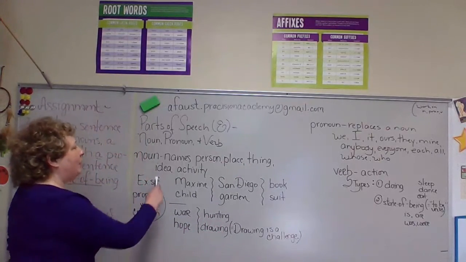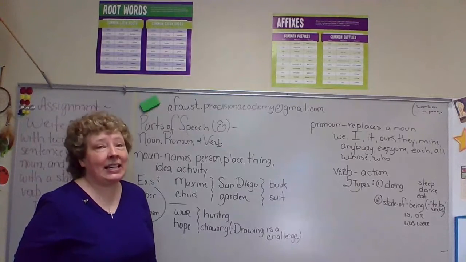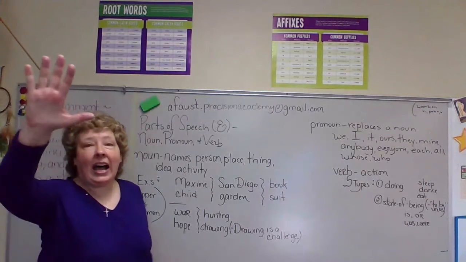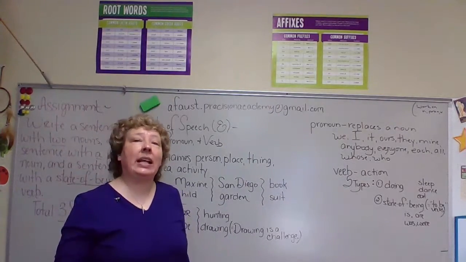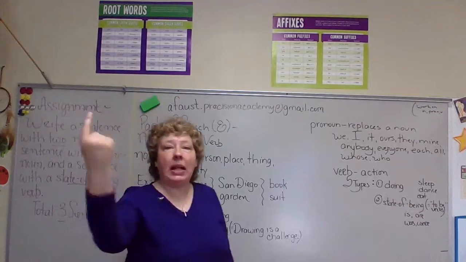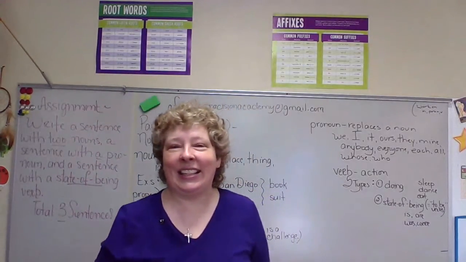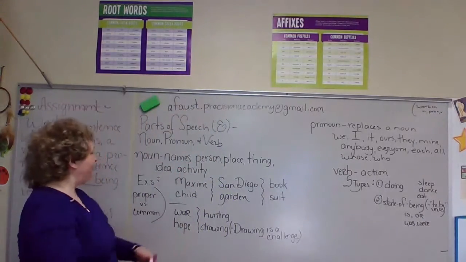But we have 2 other categories, namely idea and activity. So please remember, 5 categories go under the noun. The noun names person, place, thing, idea, and activity. Okay, got it? Make sure you're writing this down.